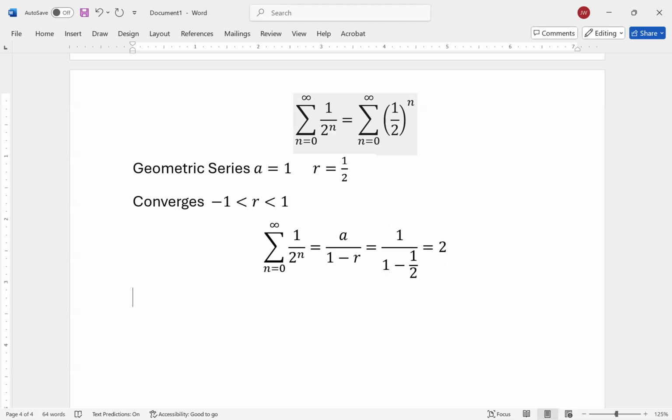So this geometric series converges to 2. If I start my count at n equals 1, well, let me actually do it on the other side.